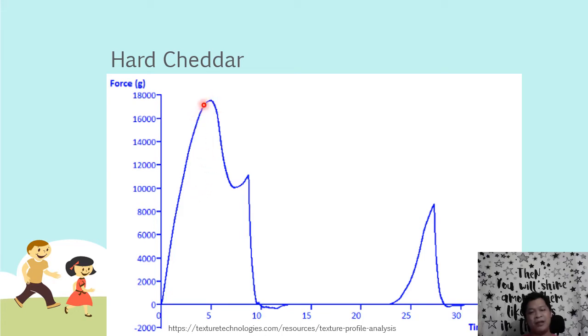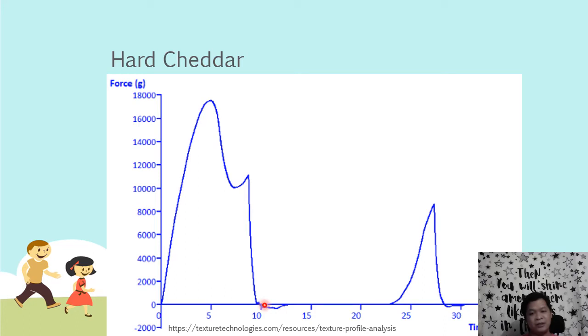Pero yung drop niya, plastic. No? Hindi siya yung sudden drop na almost vertical line, no? May pagka-gentle slope pa siya. Then there's a second peak just before the end of compression. Okay.